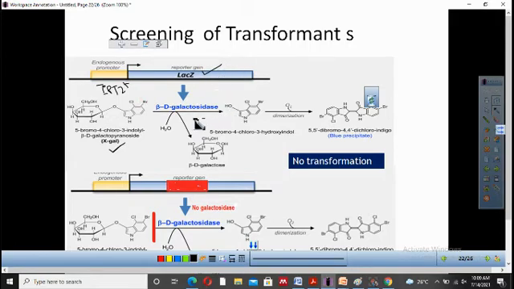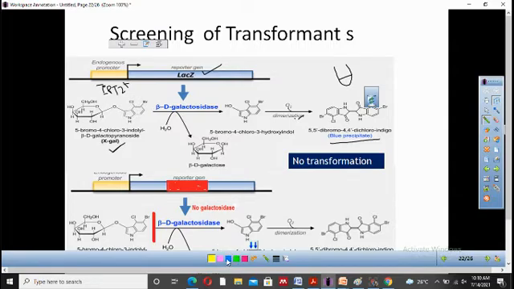The beta galactosidase will form and interact with X-gal, leading to dimerization, and it forms a blue precipitate.